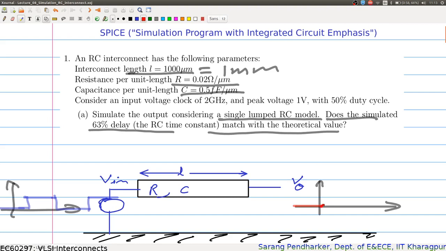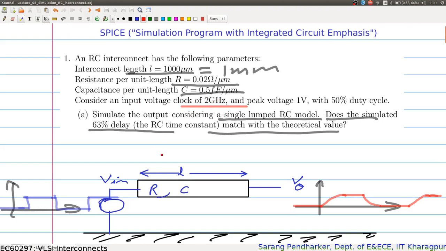So how your delay will look like for this clock. For that purpose, this input voltage we consider it to be a clock of 2 gigahertz. Again, the frequency here is not important.